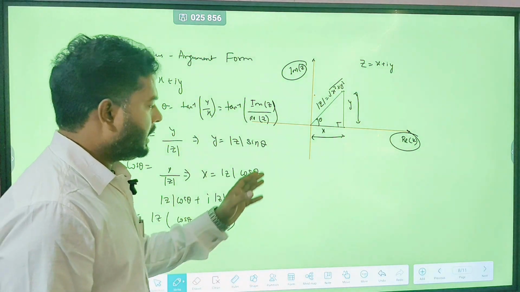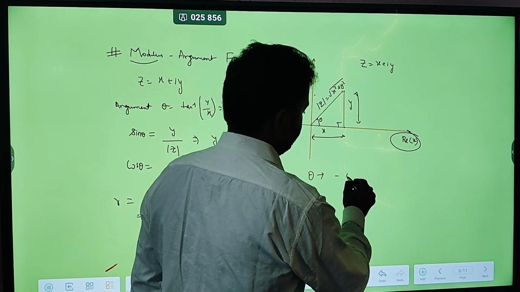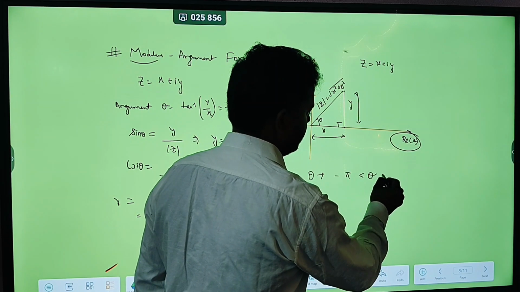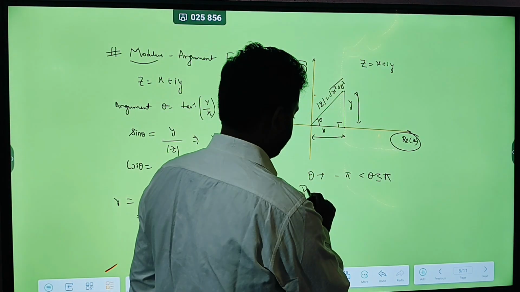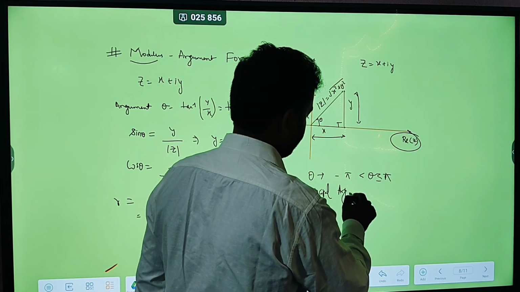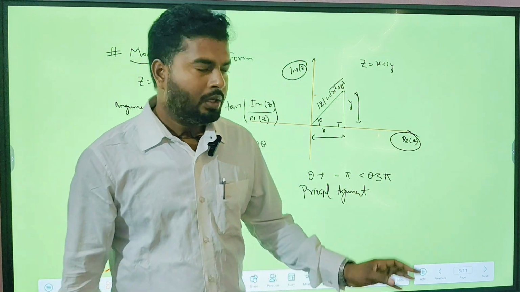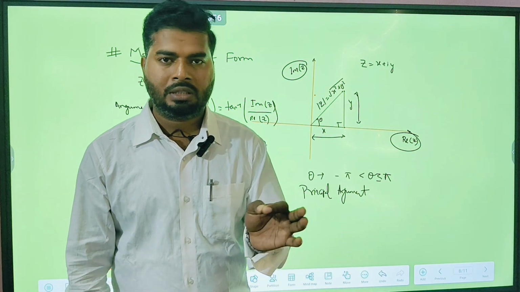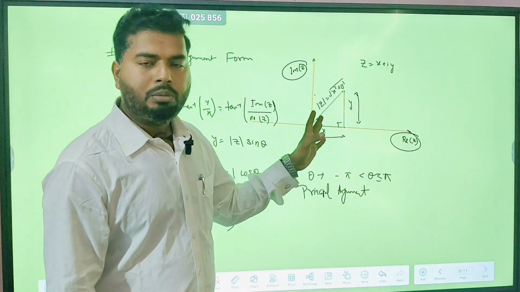Now this argument should be between minus pi to pi. This is also called the principal argument. Nobody will have confusion about the modulus. A little bit of confusion is there for students about the argument.